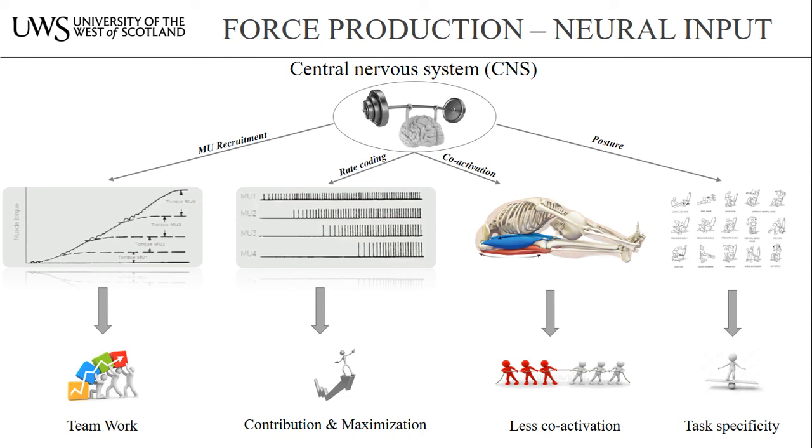This principle is commonly referred to as the size principle, where actually the motor units of small dimension, so those with less force production capabilities, are initially recruited to accomplish the task, and only in case the total amount of force they are potentially able to produce will not be sufficient to cope with the task, this leads to the recruitment of additional motor units.